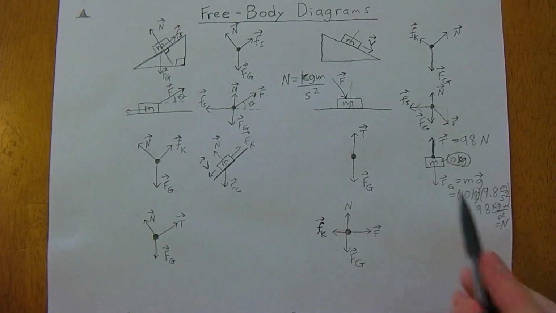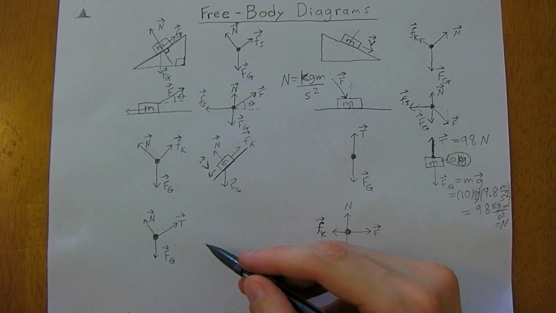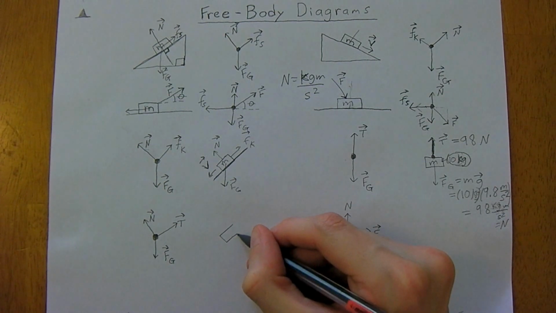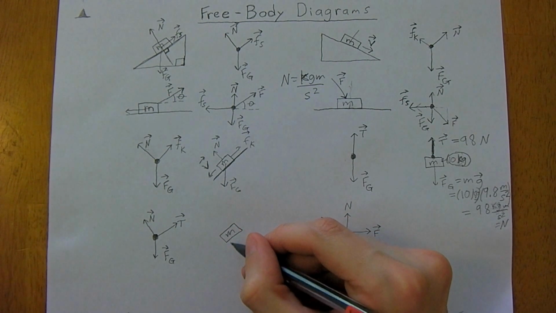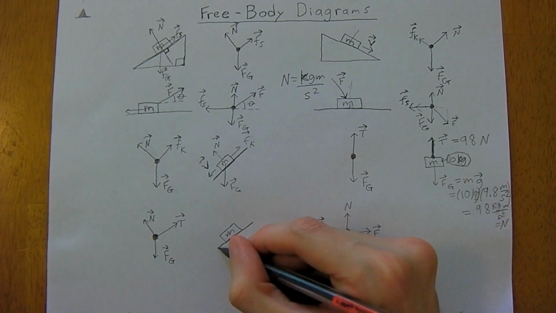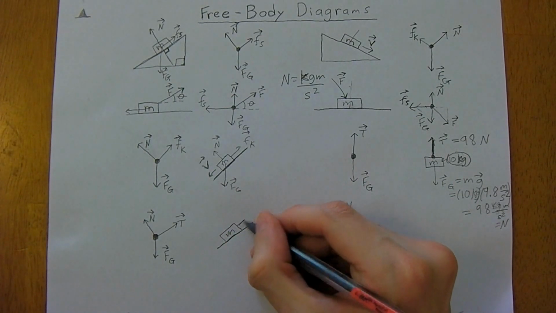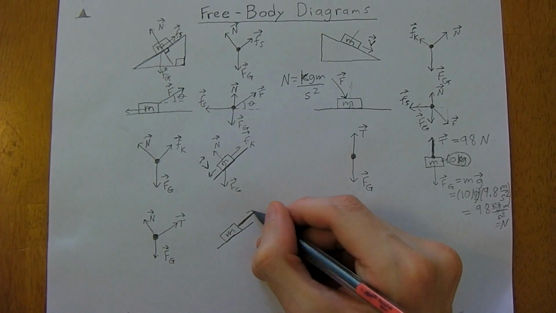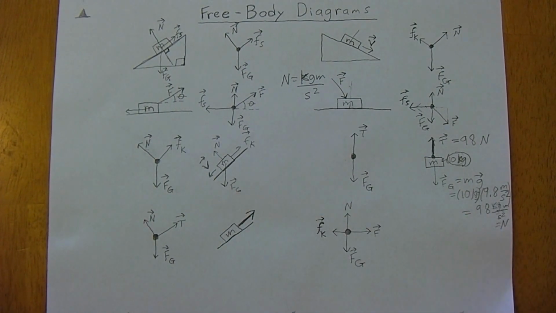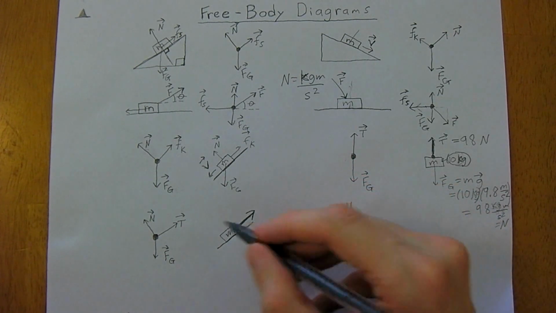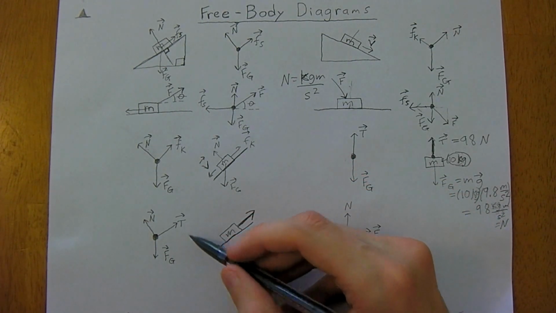Okay, so back to our free body diagrams. In this situation, let's say you have a mass and it's on another incline. You've got gravity down, the normal up, and you have a rope with tension pulling it in this direction, and it's not moving, so there's actually something missing here.